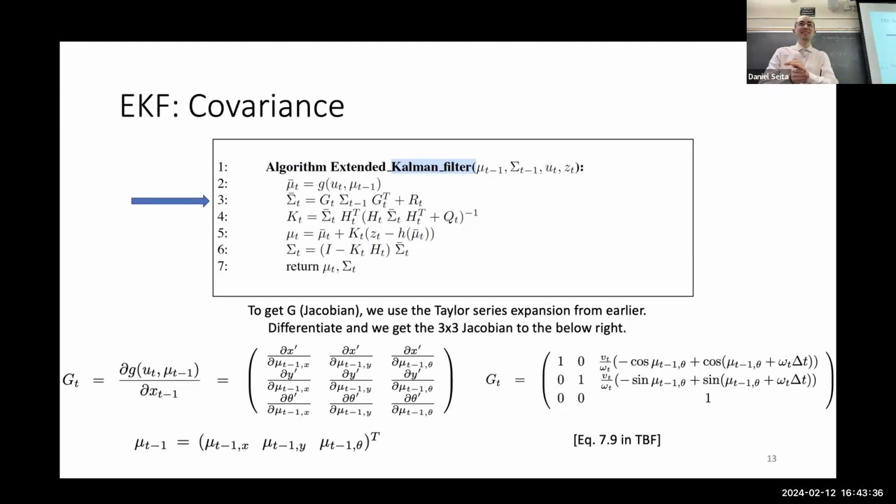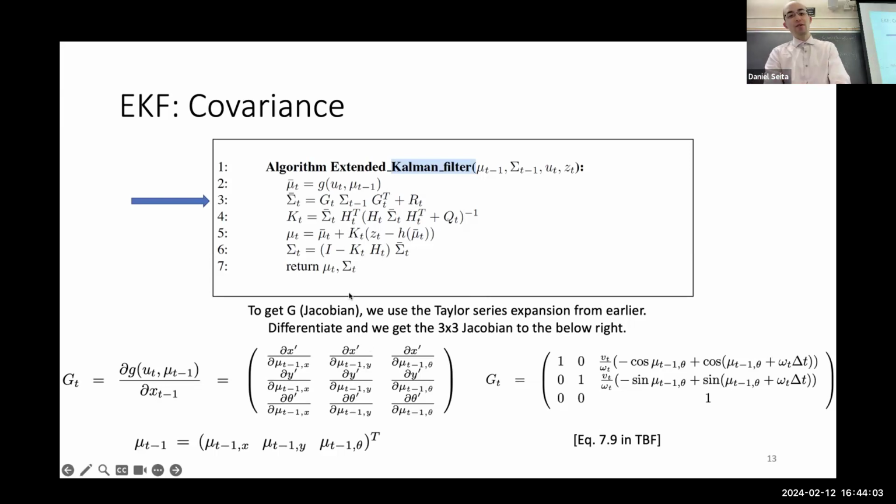Yeah. Why do you consider the noise, zero R T, on the previous slide? Do we just ignore it? Oh, so you mean the R T, how do we deal with the R T noise?